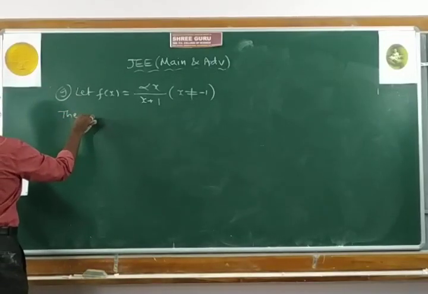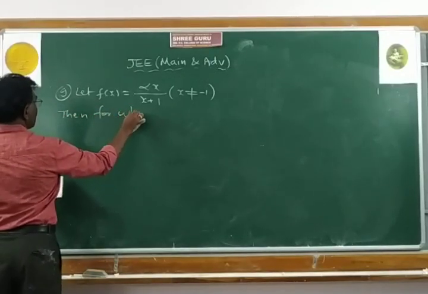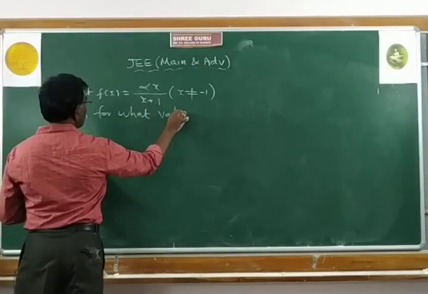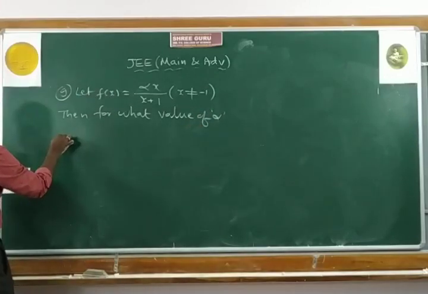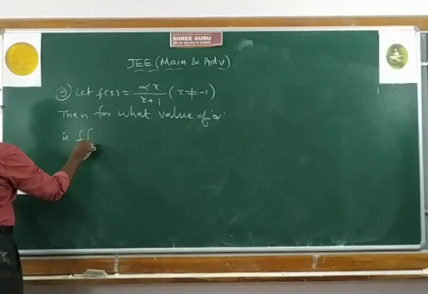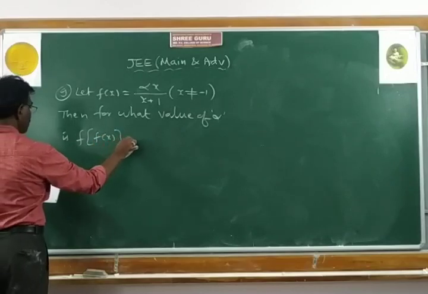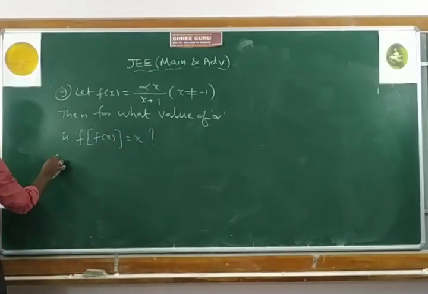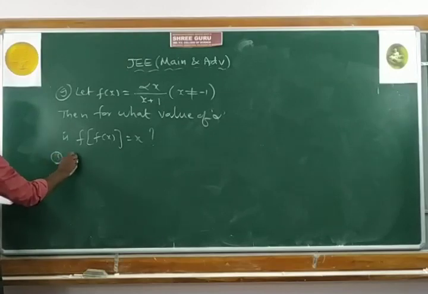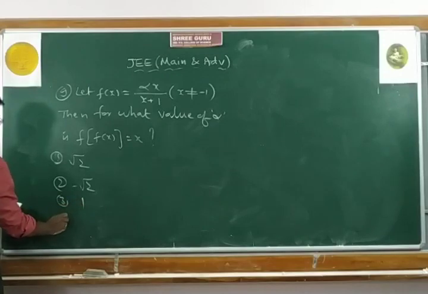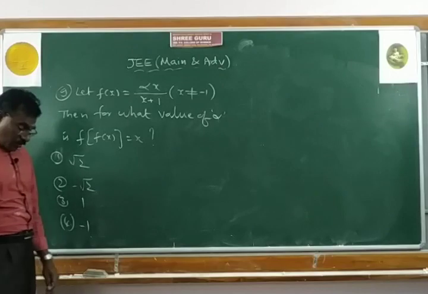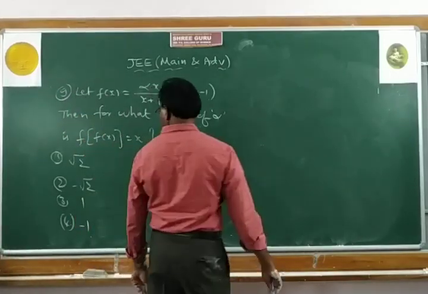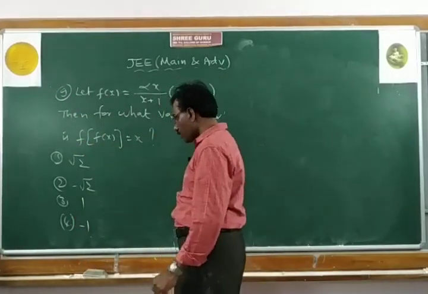Then for what value of alpha is f of f of x equal to x? There are 4 options given. First option root 2, minus root 2, 1, minus 1.